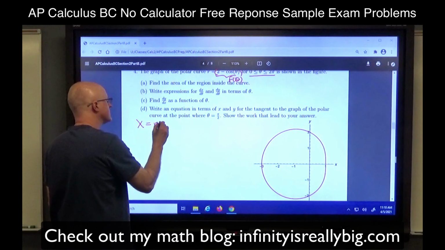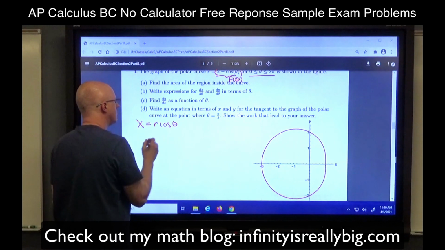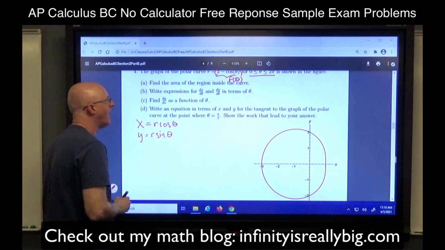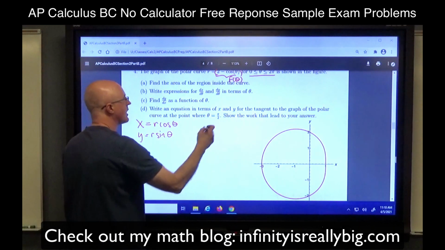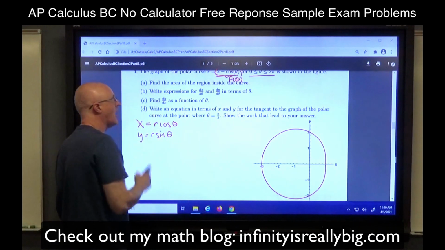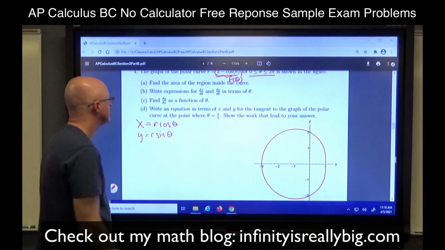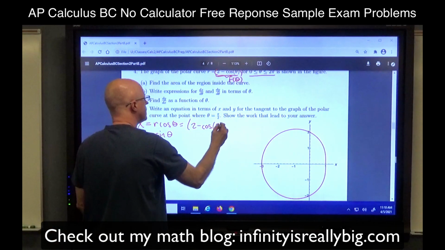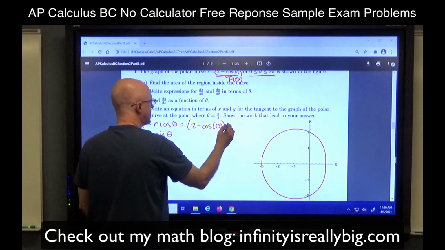X equals r cos theta. Y equals r sine theta. R is, for points on this curve, equal to this. Replace r with f of theta. So we get 2 minus cos theta times cos theta.